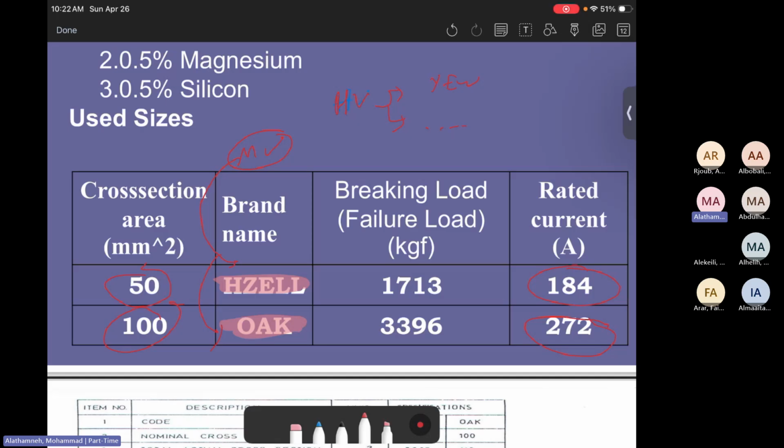So there is a mechanical limit and there is an electrical limit here as well. The electrical limit is related to the rated current, the mechanical limit is related to how much force it can handle. That's why we say kilogram force.